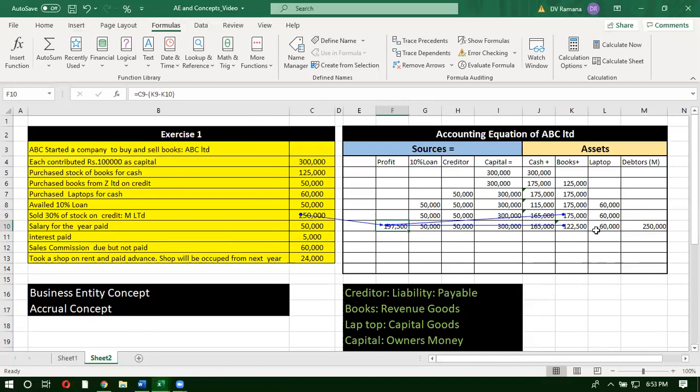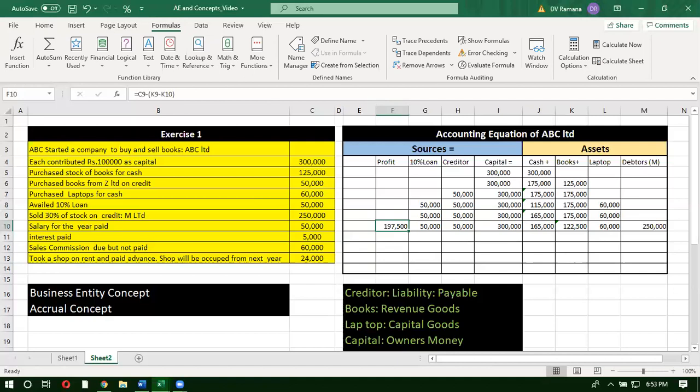And the cost of the goods sold is 175,000 minus 122, or it is 30% of 175. So we are calling this profit, and this profit will become the focus of our conversation as we move along, not only in this exercise but the future exercises too.